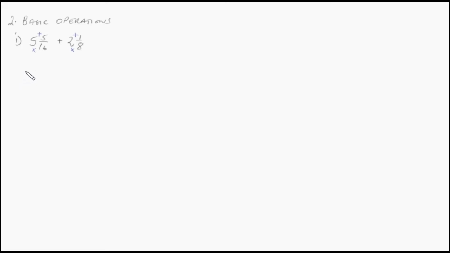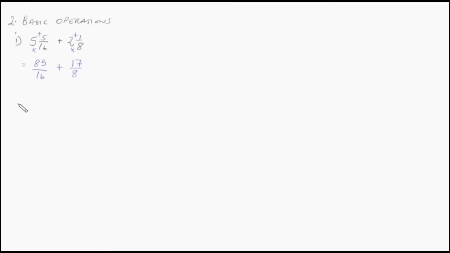So we are going to have 16 times 5, which is 80. Then plus 5, which is 85. So this is going to be equal to 85 over the denominator here, which is 16, plus 8 times 2 is 16, plus 1 is 17 over the denominator here, which is 8.